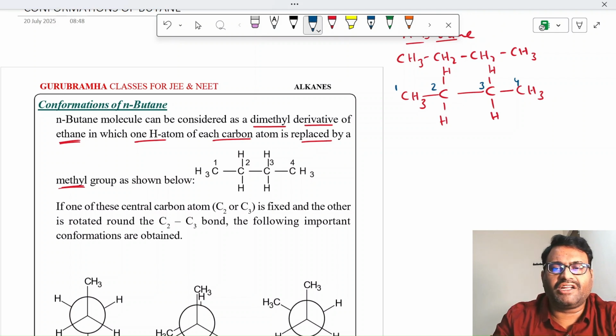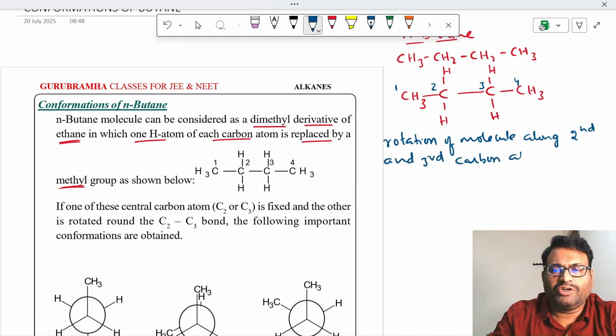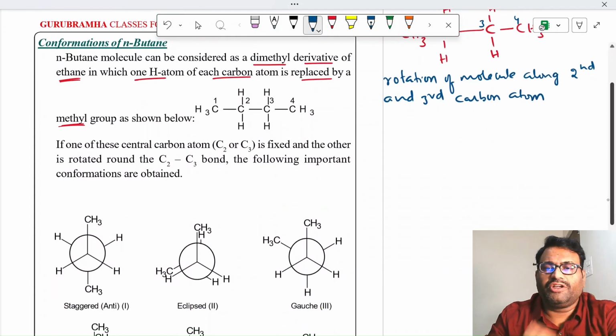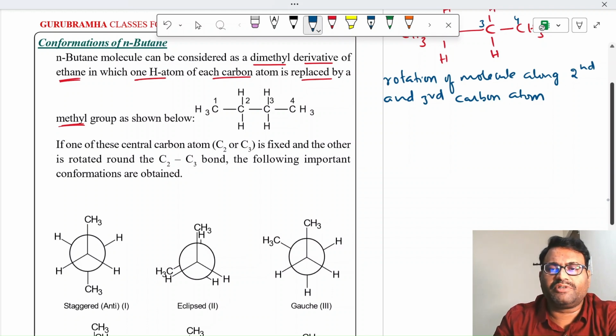Let us consider free rotation of the molecule along the second and third carbon atom, and different conformational isomers are studied here.